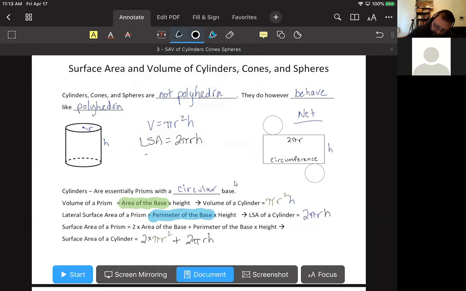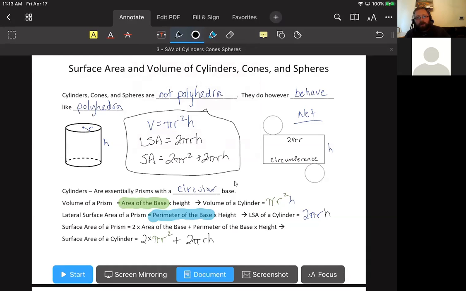So our surface area equation for a cylinder is 2 pi r squared plus 2 pi r h. These are our equations for cylinders, and those would only be for cylinders.